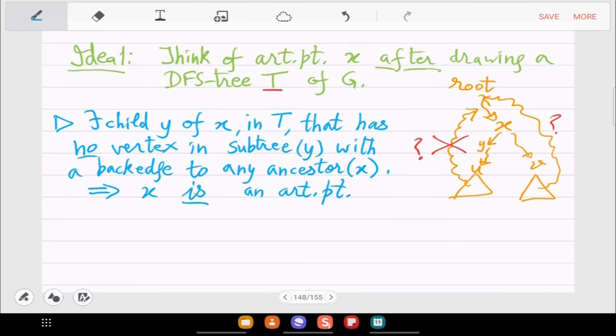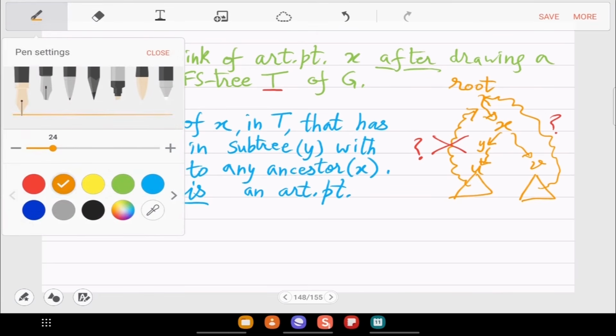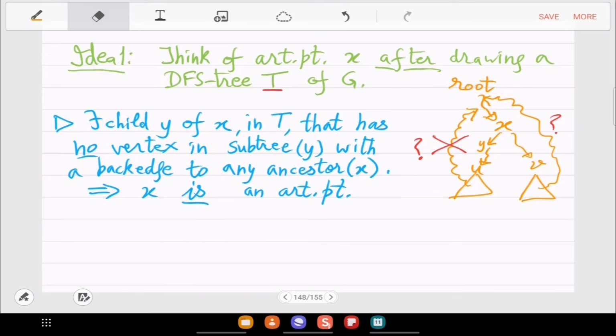irrespective of what happens in that part. So maybe I need to name that also: irrespective of what happens on the Y prime side. Because of the hypothesis on Y, irrespective of what happens on Y prime, there may be a back edge, there may not be, that goes above X, it doesn't matter.